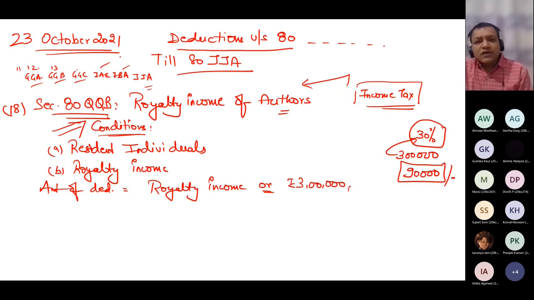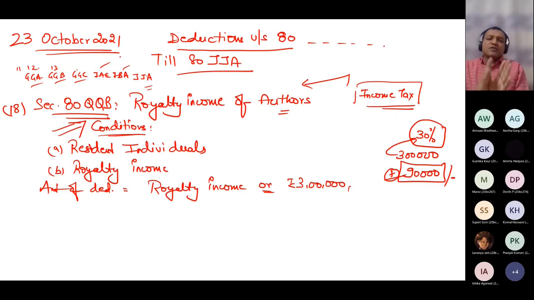From the government's point of view, 90,000 is indirectly given by the government to this person who is the author. Had there been no such deduction, the government would have collected this 90,000 extra tax. So to one individual, the government is indirectly giving 90,000. Assuming that there are lakhs of authors in India, it is a huge amount.